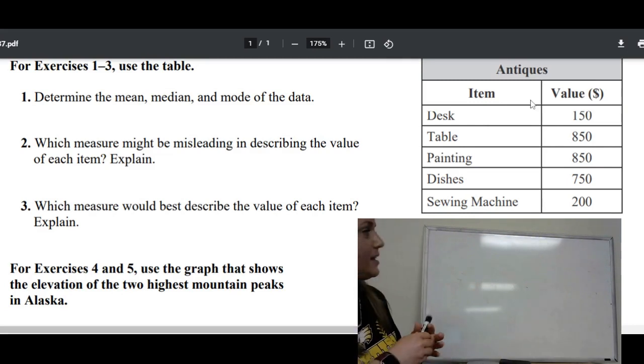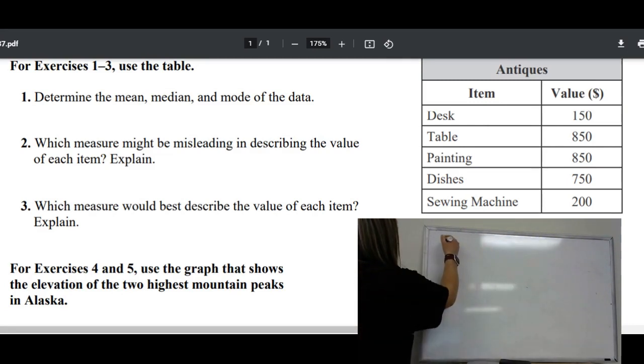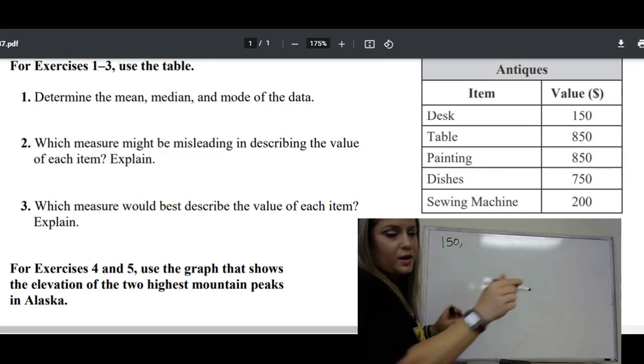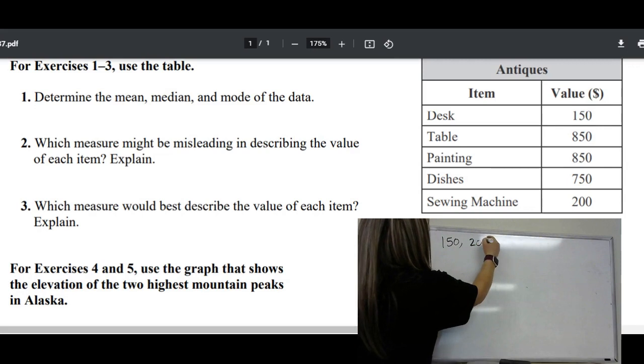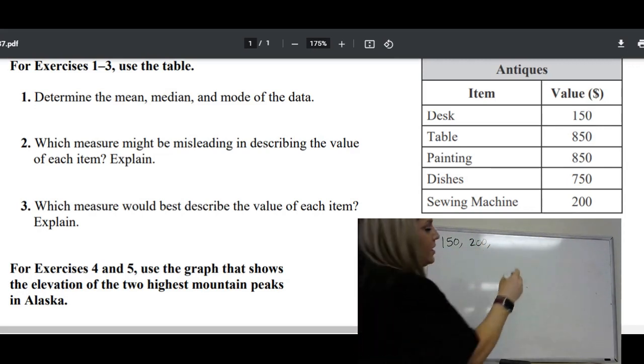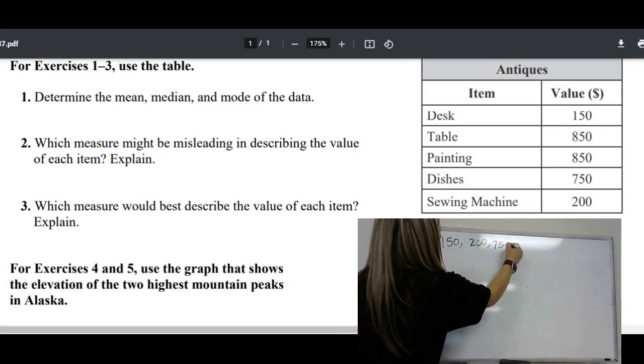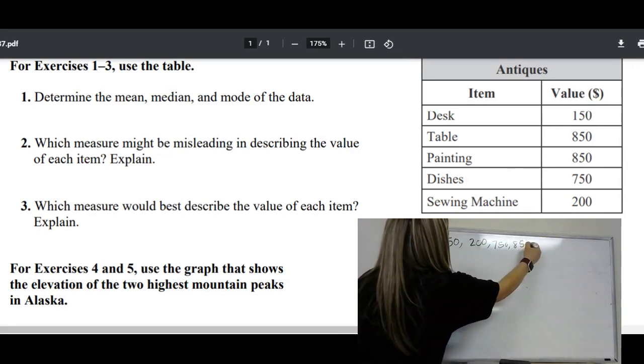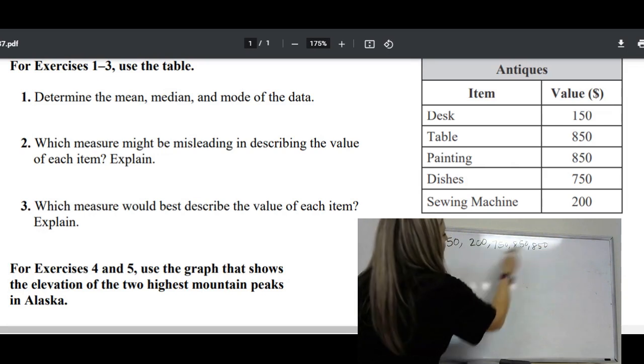I can see 150 is the least, and then 200, the sewing machine, and then 750, and then 2 850s, right? All right, so I've got that.